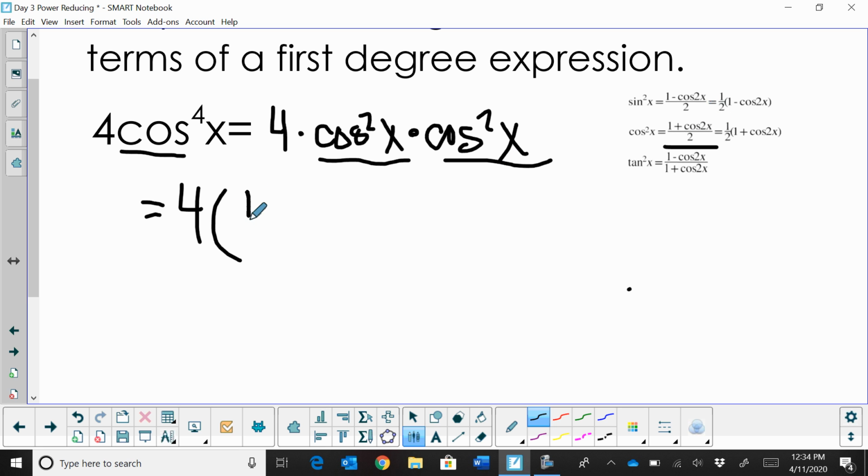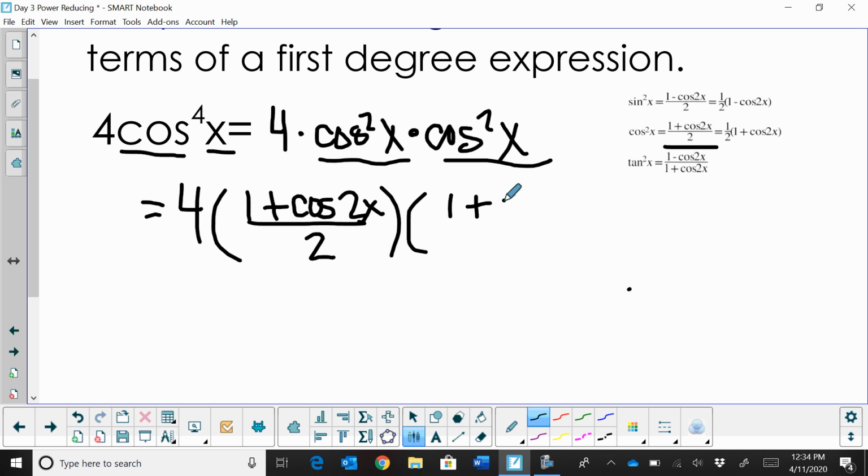So let's write this as 1 plus cosine, and I've got to double the angle. Since it's just x, that's going to be 2x all over 2 times another 1 plus cosine, double the angle to 2x all over 2.